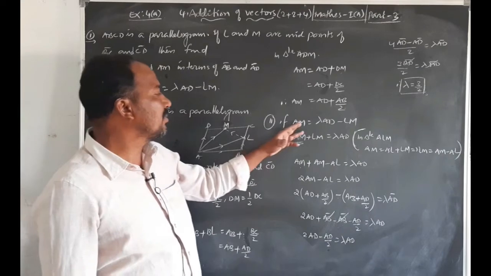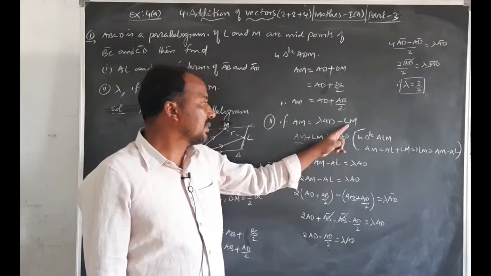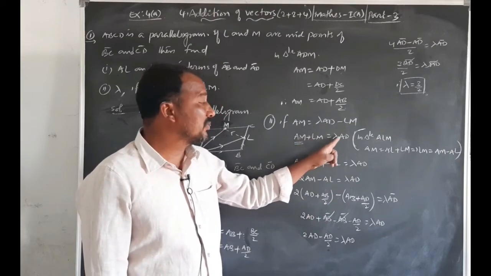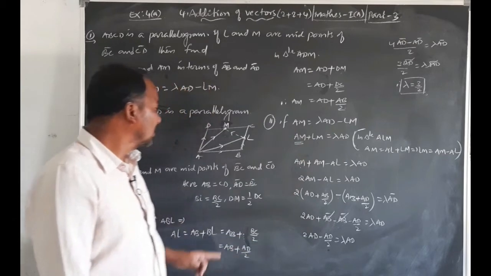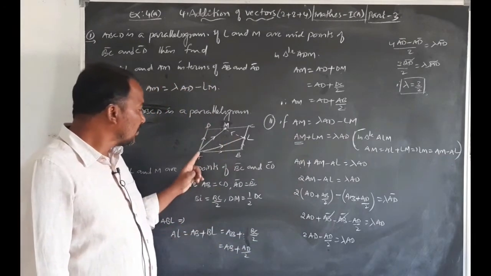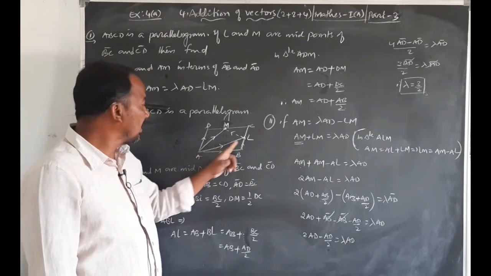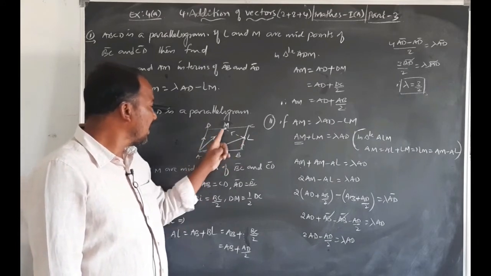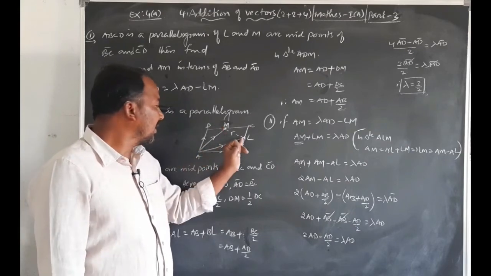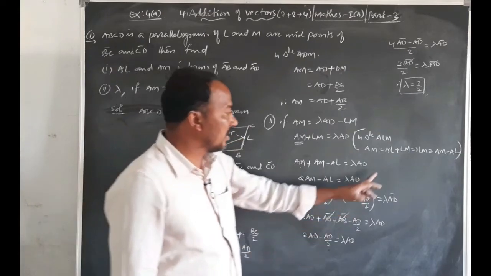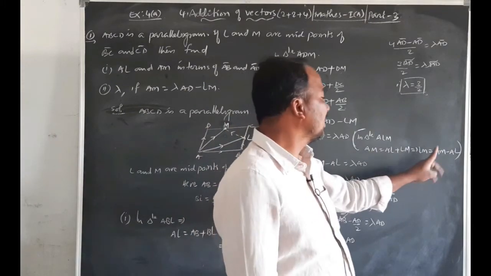Next, if AM equals lambda AD minus LM, second question. Take the LHS: AM plus LM equals lambda AD. In triangle ALM, AM equals AL plus LM, so LM equals AM minus AL.